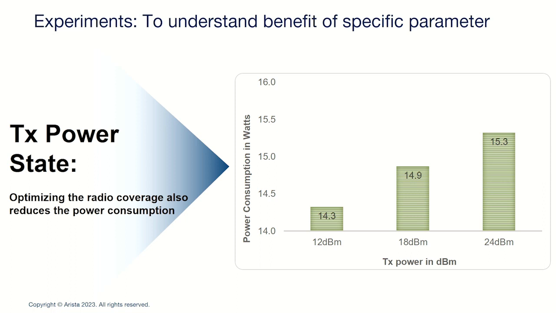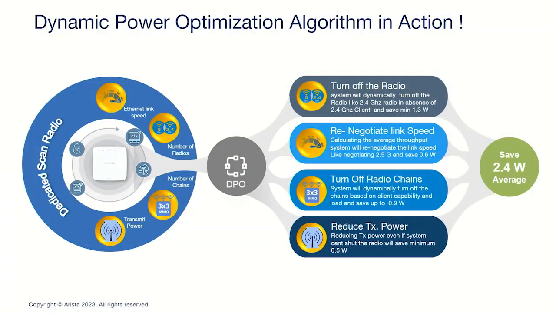Taking all these experiments and this data, we knew what the knobs were and how much benefit they would give us. That's where we fed this data into our DPO, Dynamic Power Optimization algorithm. Using the dedicated scan radio, the data regarding these parameters, like client capability, the load on the system, and the characteristics of the client, is fed into DPO.